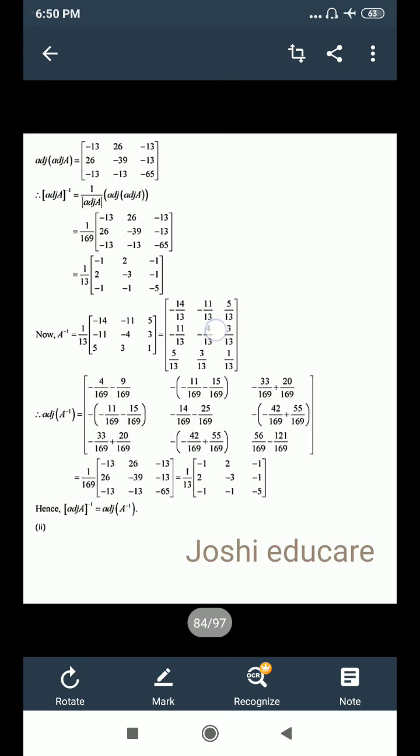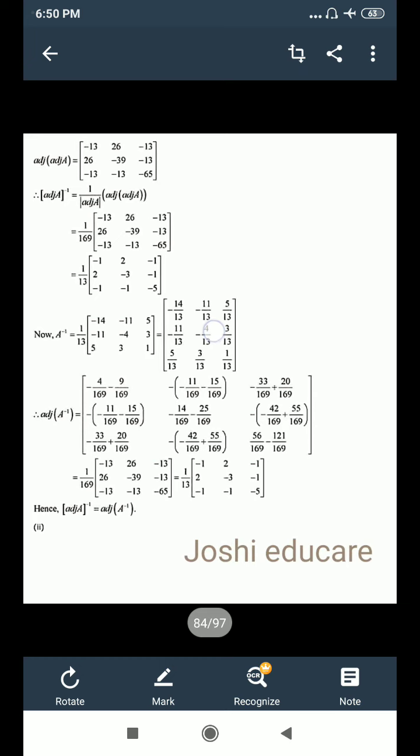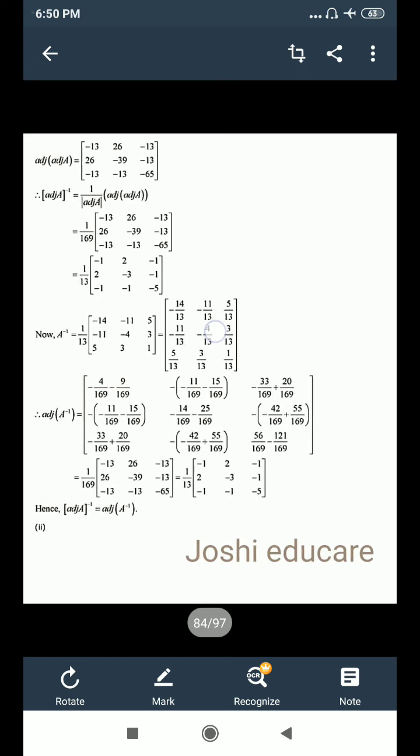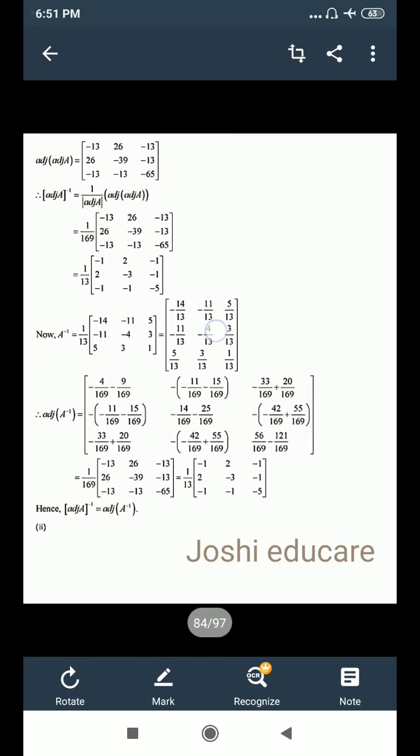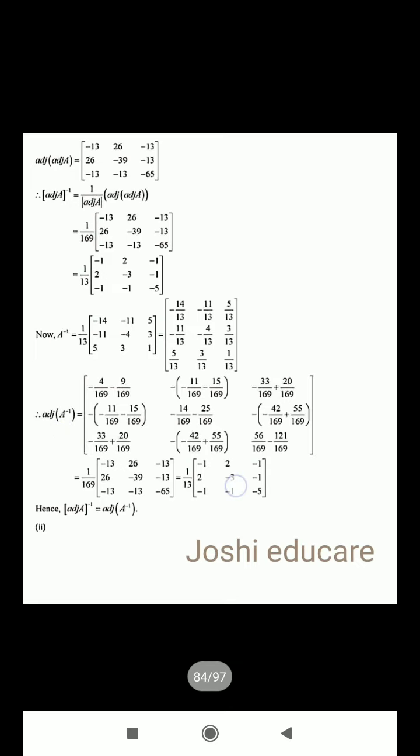You will calculate cofactor of all the elements, replace each element by its cofactor, and then take the transpose of that. That will be adjoint of A inverse. So you see this matrix and this matrix are equal. This is what you have to prove, that adjoint of A whole inverse is equal to adjoint of A inverse.